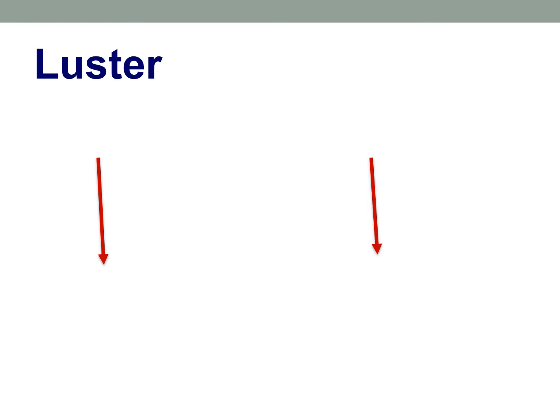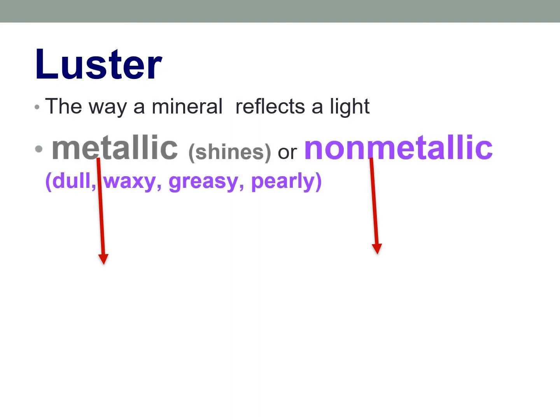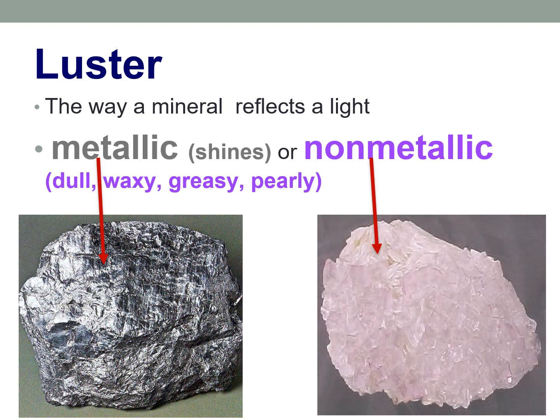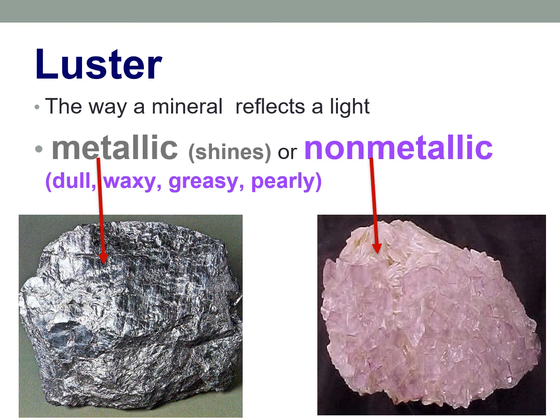The next thing we're going to look at is luster. Luster is the way a mineral reflects light. That means how it sends it back to our eyes. So it might be metallic or shiny, or it could be non-metallic, kind of dull, waxy, greasy, pearly looking. You can see here it's very metallic looking, while this one is not metallic looking.